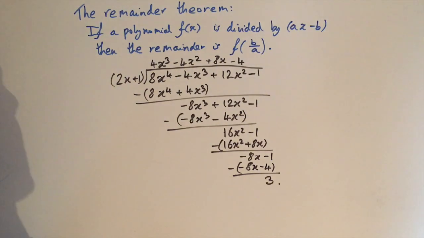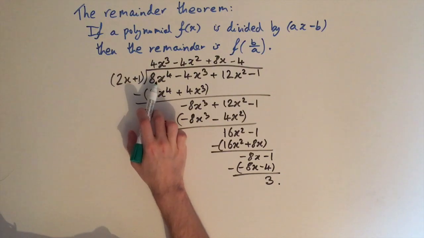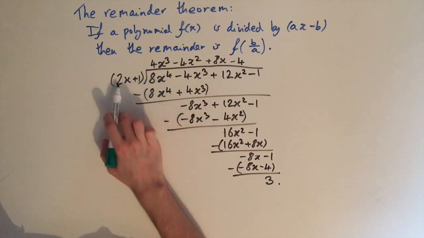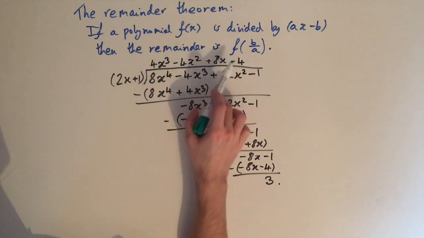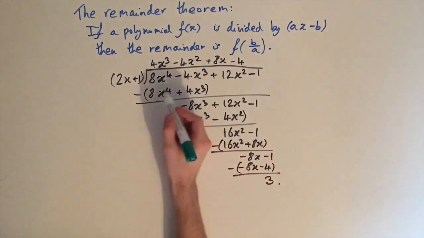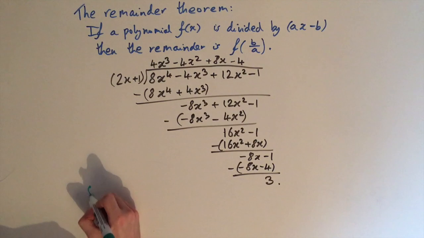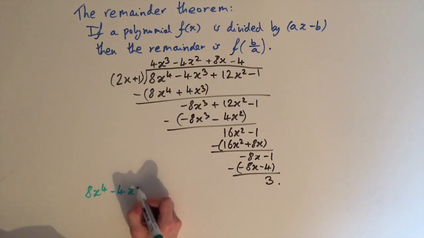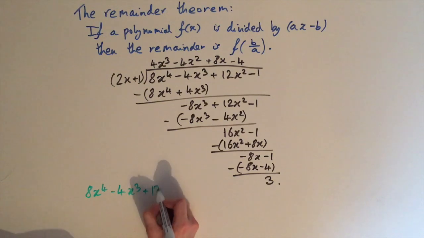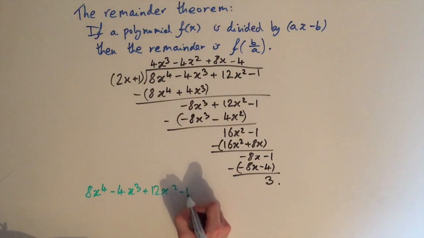As a last remark, let's think about what this is actually telling us. When we divide this quartic by this linear factor, we get this whole polynomial, and we get a remainder of 3. So we can write this out algebraically. We have 8x to the power 4 minus 4x cubed plus 12x squared minus 1.